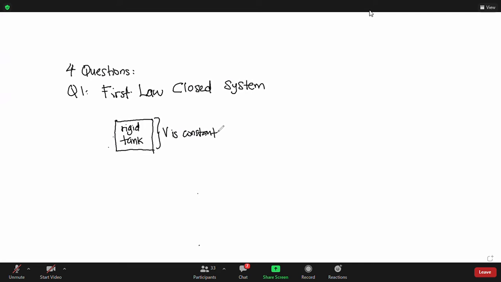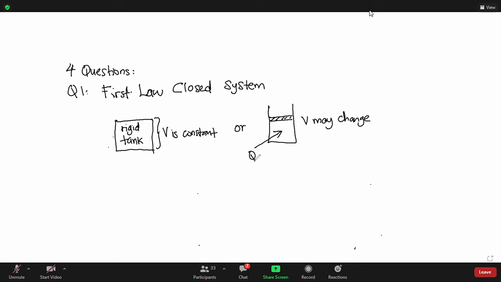Or it can be a piston cylinder device. Yes, piston cylinder device. And here, volume may change.